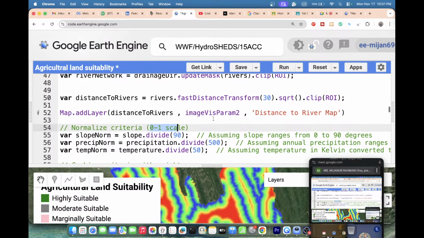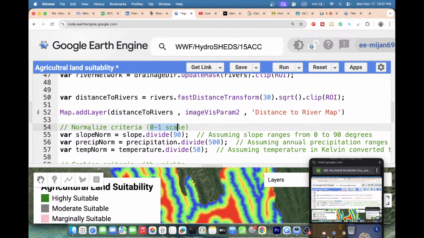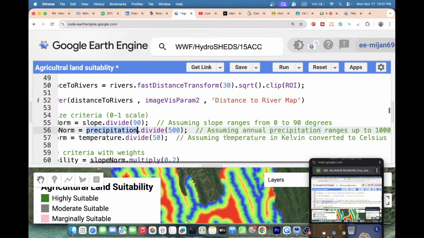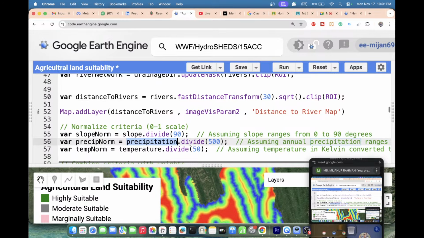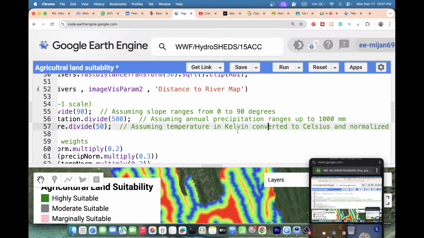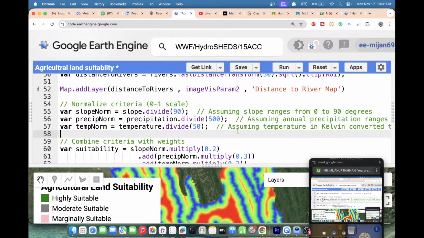In this case, for slope we assume the range 0 to 90 degrees, so I simply divide slope by 90. Then for precipitation, divide by 500, assuming the annual precipitation range up to 1000 millimeters. Then temperature divided by 50, assuming degrees Celsius. So we normalize to a 0 to 1 scale and then combine all of the factors with weights. That is called the normalization.